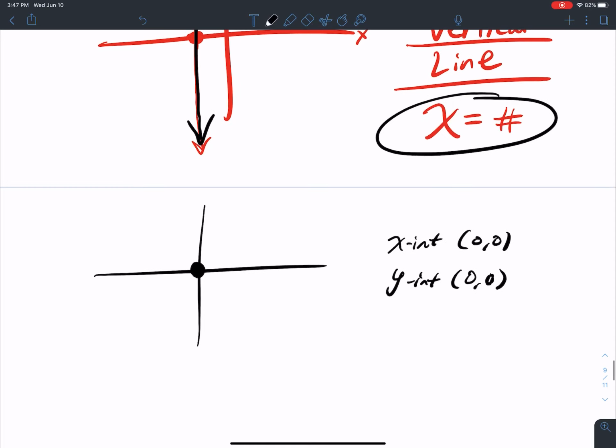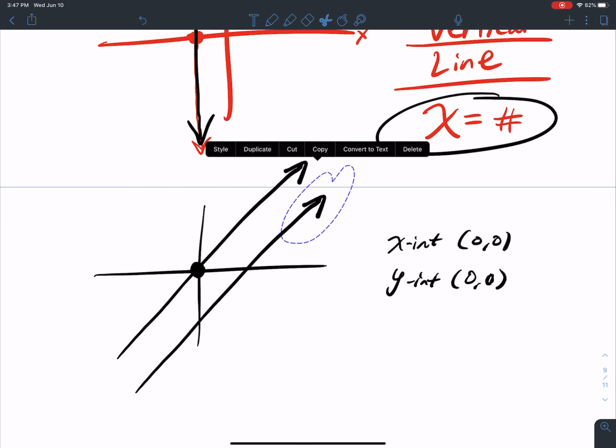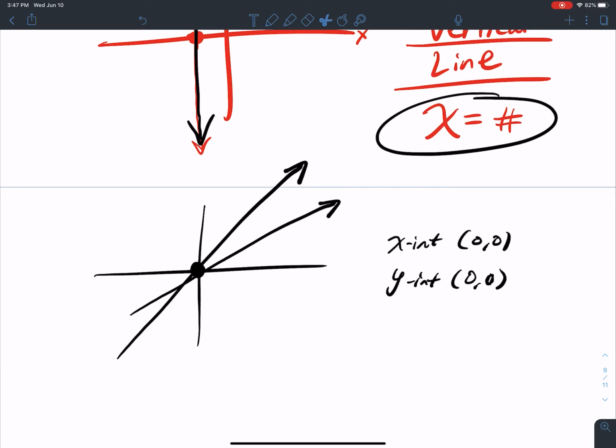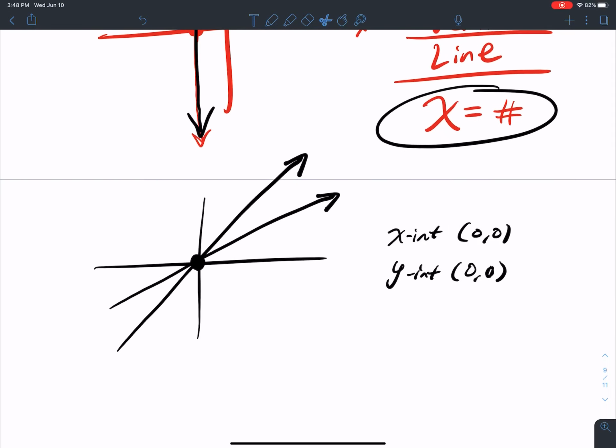The problem with this scenario is that this line can be many things depending on which angle you were doing it. This line would be different than that line. They have different slopes, but they both pass through the origin. So you would need more than 1 point.